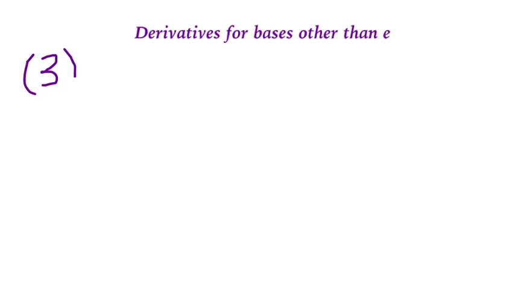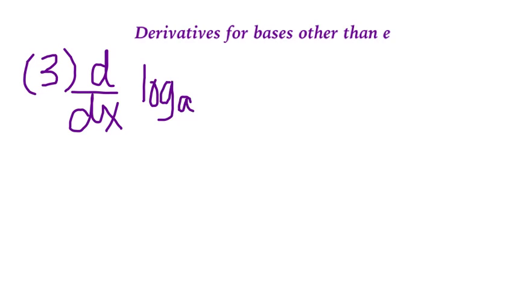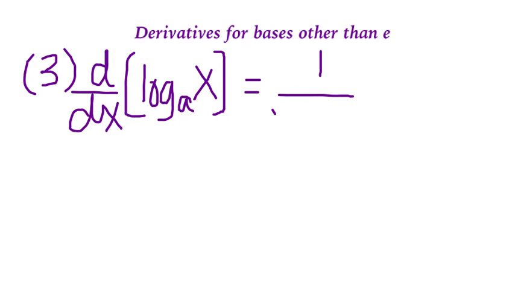Okay, so if I had the derivative of log base a of x, this is simply going to be 1 over x times the natural log of a. That's it.